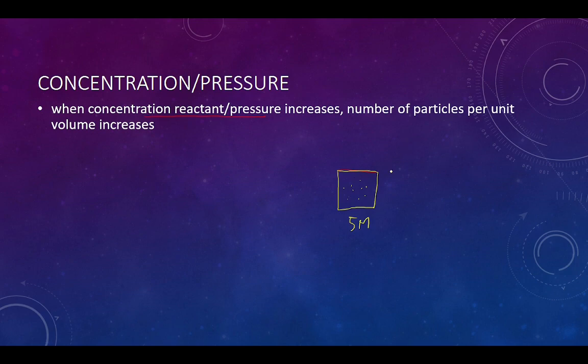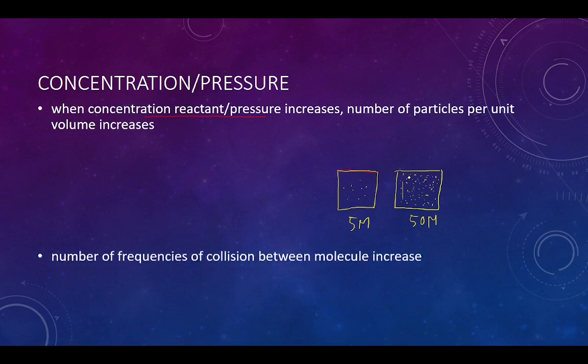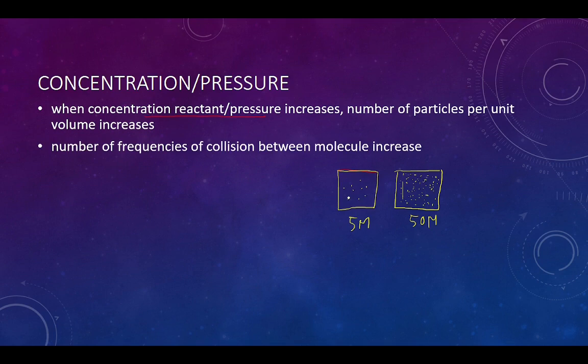But for the same volume, now we have 50 molar. So you can see there will be a lot more particles per unit volume because this is 50 molar. So what happens is the number of collisions between the molecules will increase. So you have a higher number, of course there will be a lot more collisions that can occur.